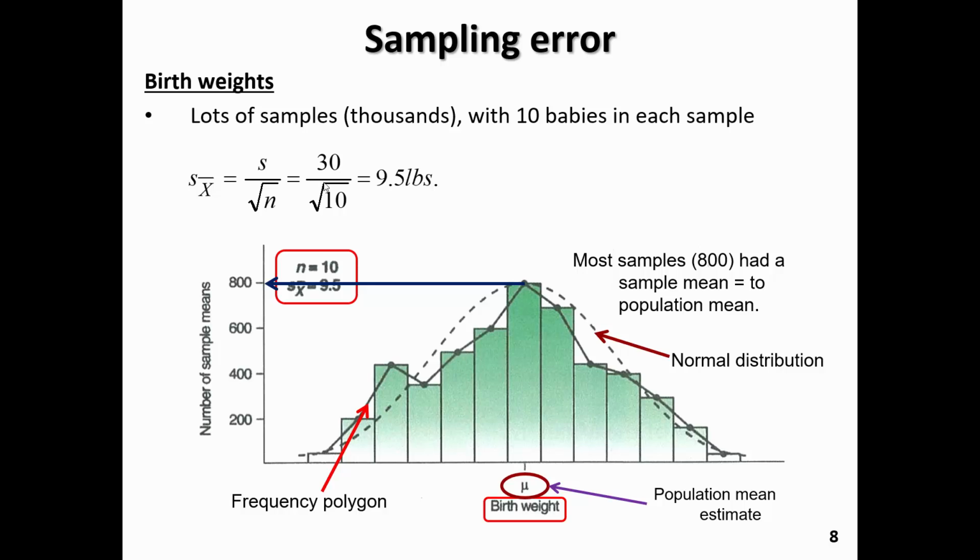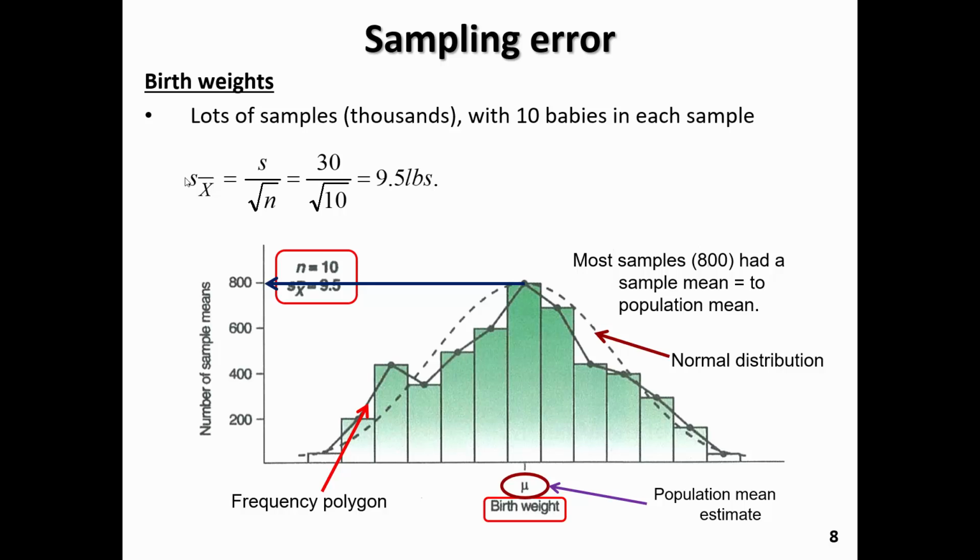When we divide that by the square root of the sample size, which in this case is 10, we get a value of 9.5 pounds. That is what we call the standard error of the mean. We use the symbol S, the same as the standard deviation, but with the subscript X bar to indicate the standard error of the mean.